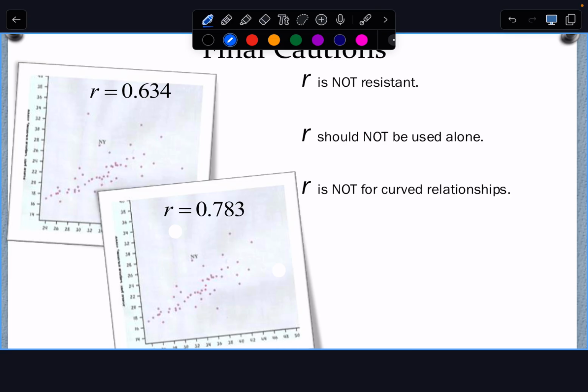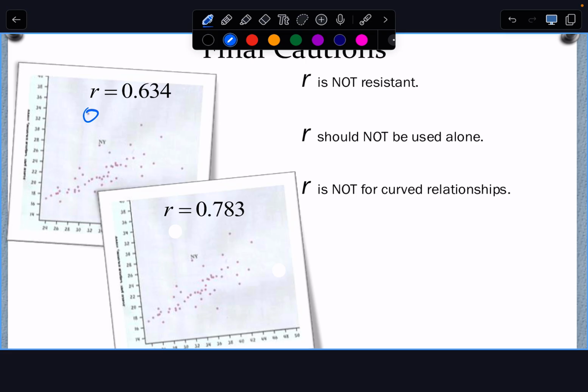Now, the 2 graphs that you see here just illustrate the idea of that first concept, that R is non-resistant. So as we look at the scatter plot, this first scatter plot here, when we look at the form, it's linear, positive, moderately strong, okay? But we notice that there are points that don't follow the regular pattern. For instance, this point up here falls quite a bit off the beaten path.